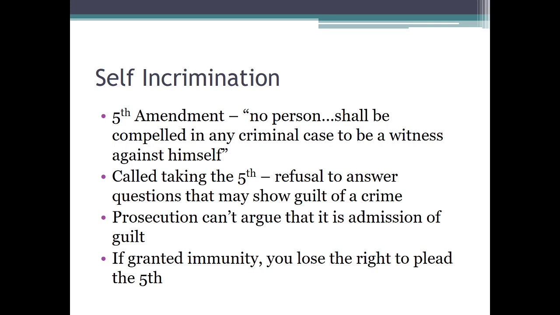Now, if you're in a criminal trial and you're taking the fifth as a defendant, it doesn't mean you go up on the stand, answer questions when the defense attorney asks you, and then when the prosecution asks questions, you say, I'm going to take the fifth. No, you don't testify. And if you do that, the prosecution can't say, well, ladies and gentlemen of the jury, if he was innocent, he would have been up here talking. He's not allowed to do that. The prosecution can't say it.